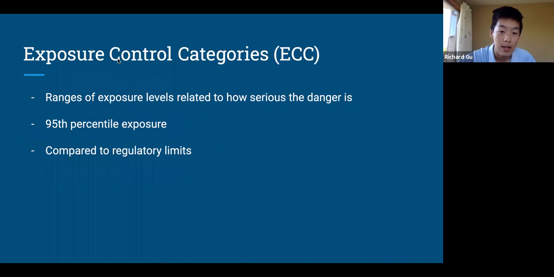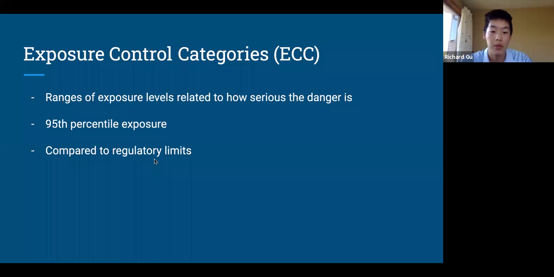And to do this, he or she typically sorts these exposures into something called exposure control categories. So we have ranges of exposure levels related to how serious the danger is, from 1 to 9, 1 being the least dangerous and 9 being the most dangerous. We take the 95th percentile exposure to capture 95% of the potential exposures, and a bit about how this is calculated.